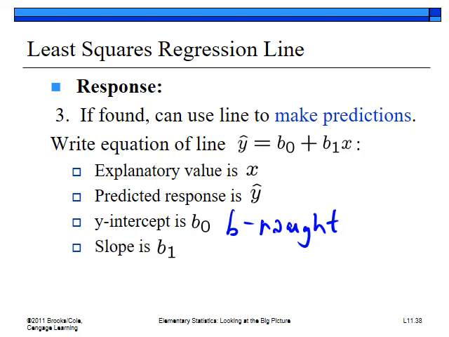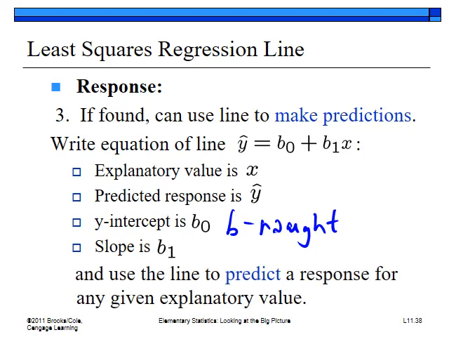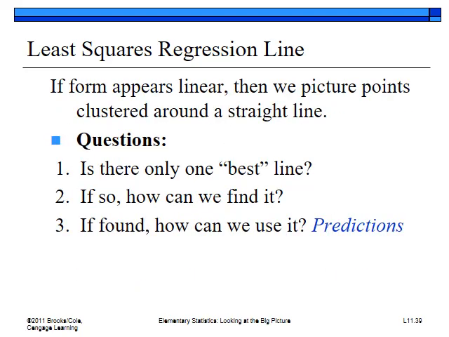B1 is the slope. So we plug in the value of our explanatory variable, and we get out, as y hat, the predicted value for the response variable. So if we know the line, we can use it to make predictions.